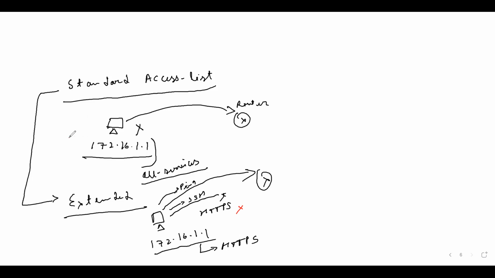Standard, your network will block completely, no services, unreachable. But with extended, you can block a specific service. Like ping, not ping, sorry, ping is not a service. ICMP is a protocol. ICMP has a part, echo request and echo reply.